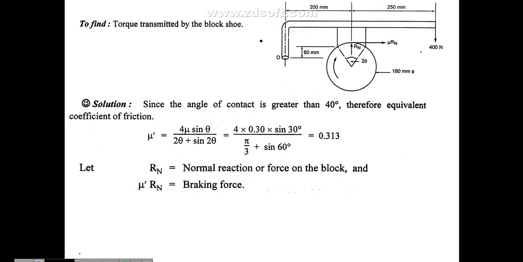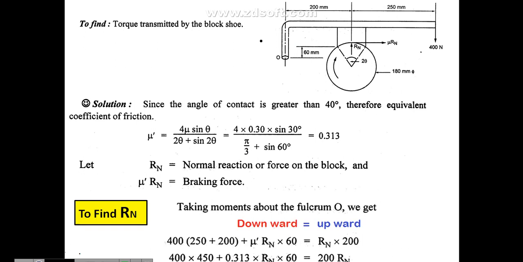Then coming to the next step, after finding mu dash, we go for finding the braking torque. Before that we have to find the normal reaction in the arrangement. So Rn is the term considered for the normal reaction on the block, and mu dash Rn is the braking force.